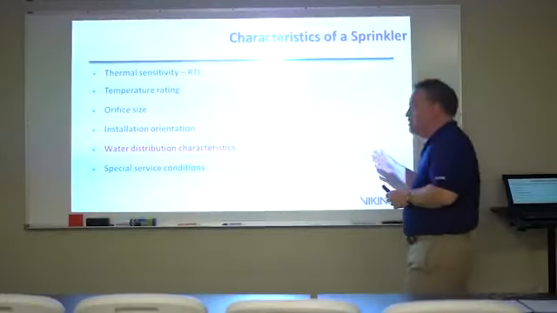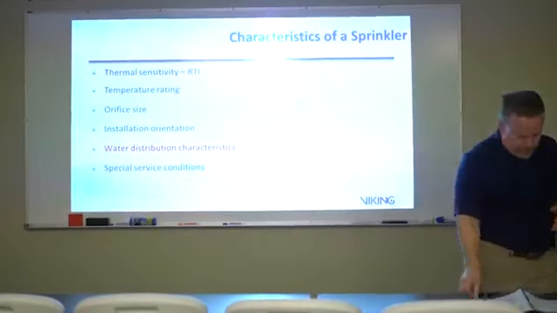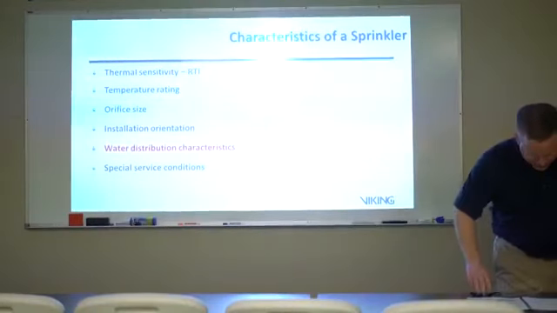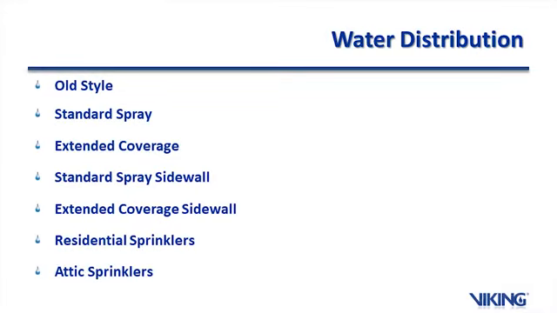So the water distribution characteristics come down to a way of describing how that sprinkler spray pattern has changed over the years, but also how it distributes water to cover the particular floor area that's necessary to be protected.